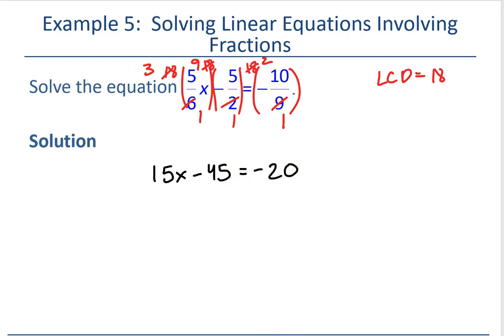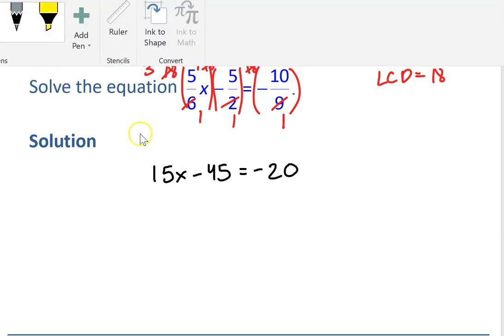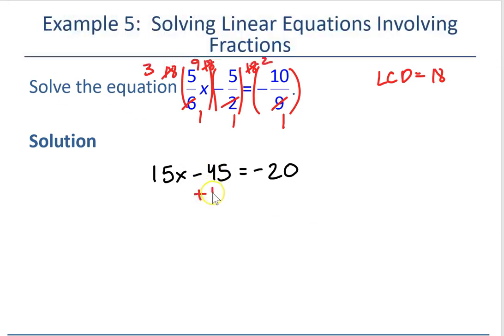So coming in here, let's go ahead and start reducing. Whenever we do that, I can go ahead and add 15 to both sides. Or sorry, add 45. Thinking ahead of myself. Add 45 to both sides. You got negative 20 plus 45. That's going to give me 25.